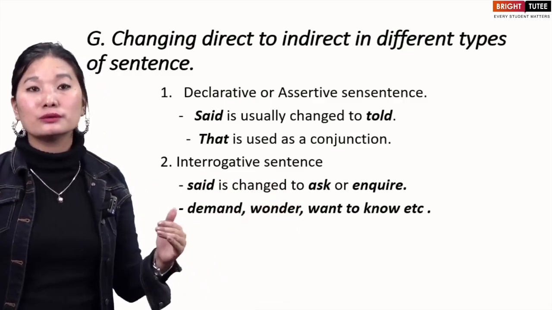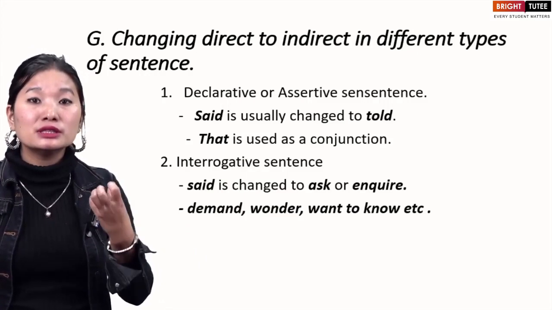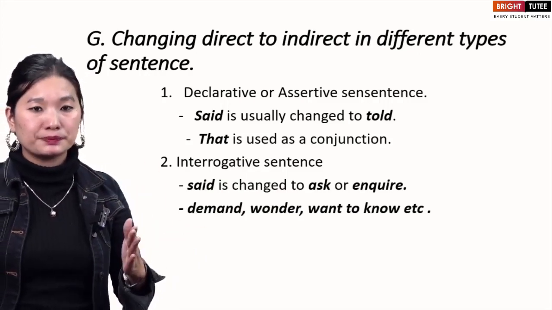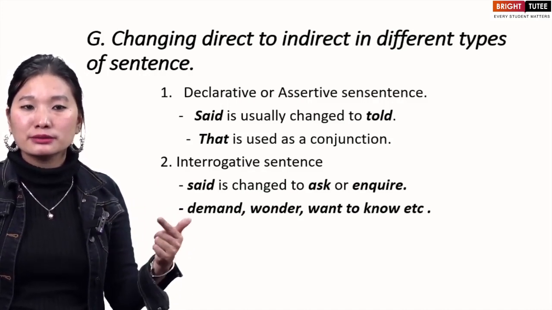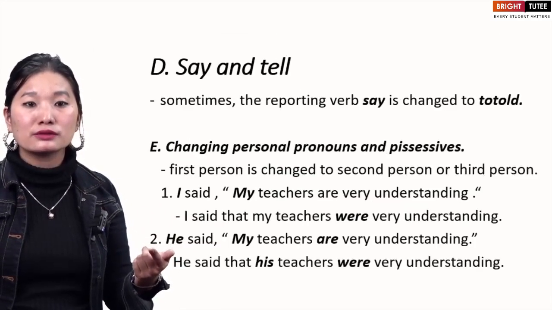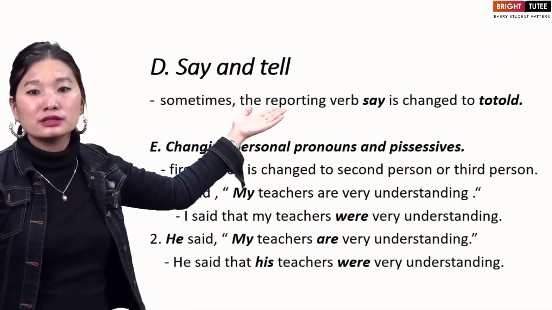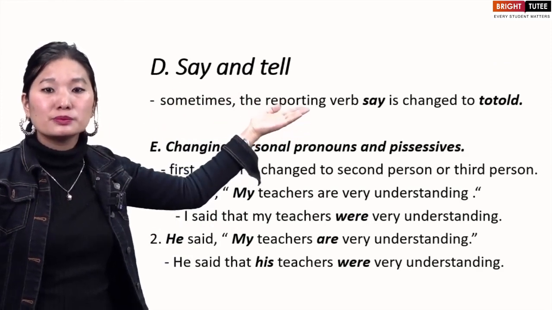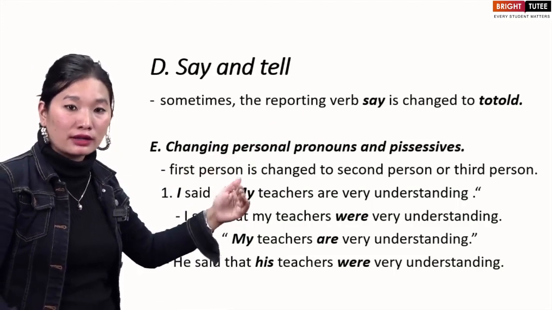It is always nice to see a student using different kinds of reporting verbs in the indirect speech. The doctor inquired if I had taken my medicine. Because that is a question, right? You can use those kind of sentences. Say and tell. Sometimes the reporting verb say is changed to told, and then that is in the indirect speech.